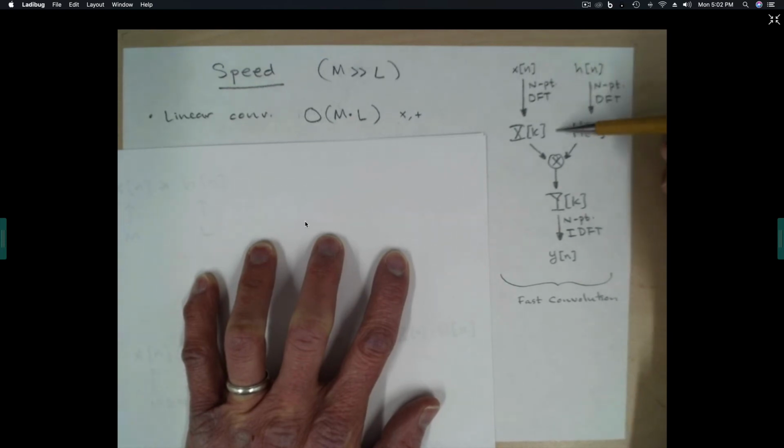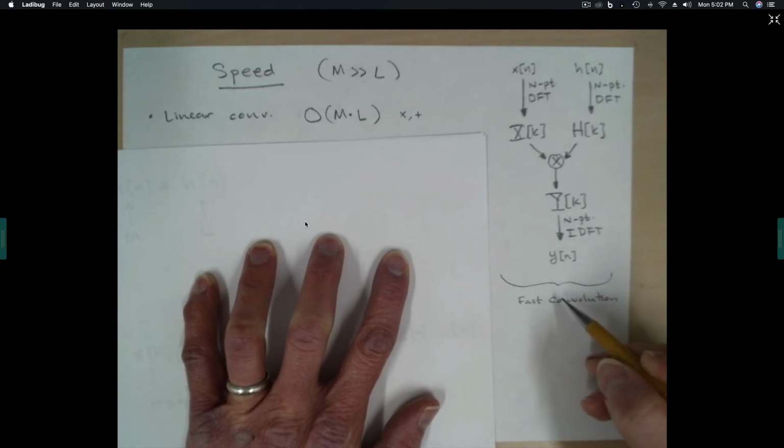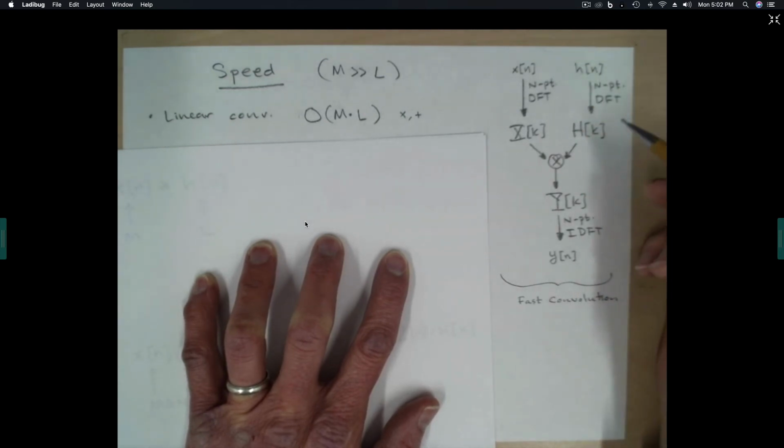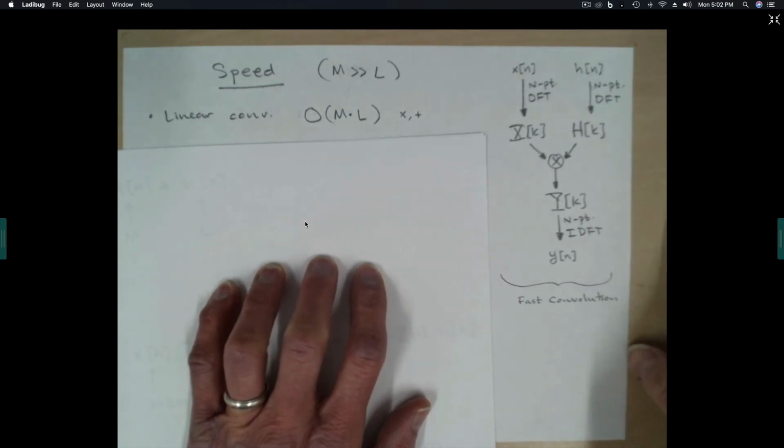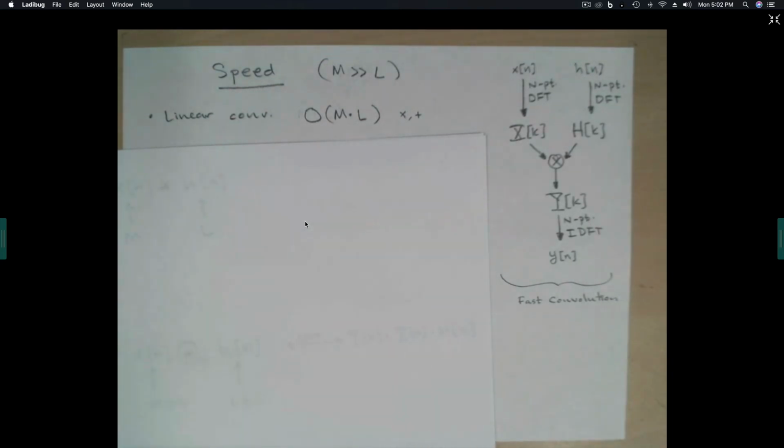So if we take both of these into the DFT domain, multiply the DFTs together, and then inverse transform the result, we get the circular convolution of these two sequences. But if N is large enough, we know that circular convolution is equal to linear convolution. So this would be a fast way to perform convolution.